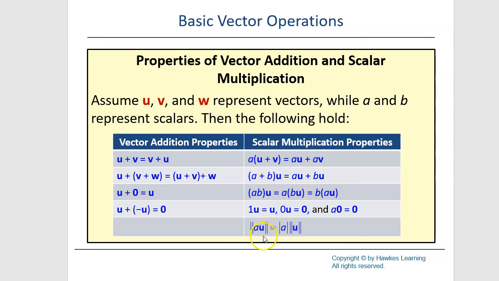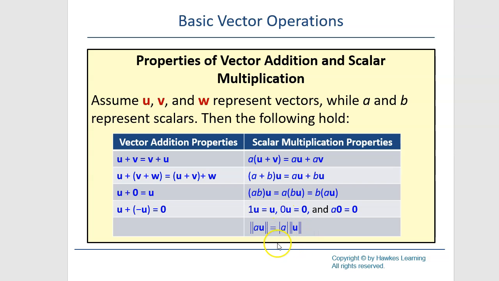If you multiply a vector by a scalar, it's like taking the magnitude of the old one and multiplying whatever that magnitude was by the absolute value, because again, if you do a negative, it goes back in the opposite direction, like we've seen.